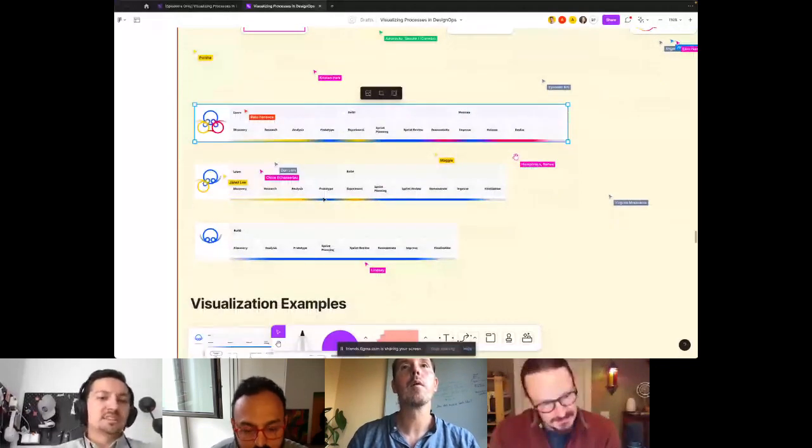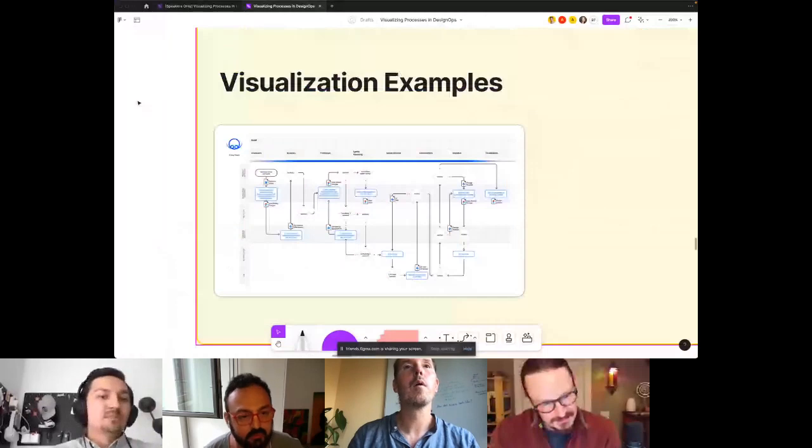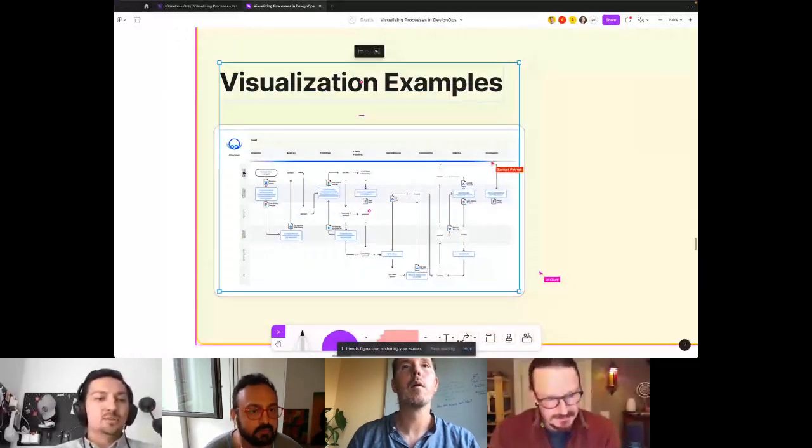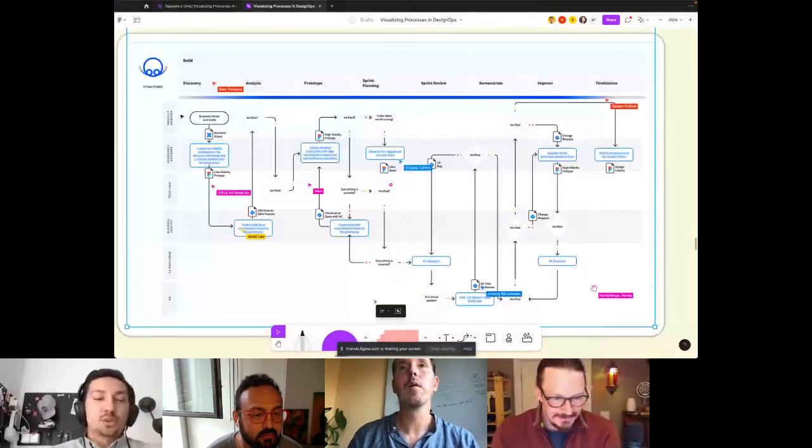And here's one example visualization for an A level project where we are just doing the requirements, because this is the easiest way. I like to use swim lanes to visualize all the roles.